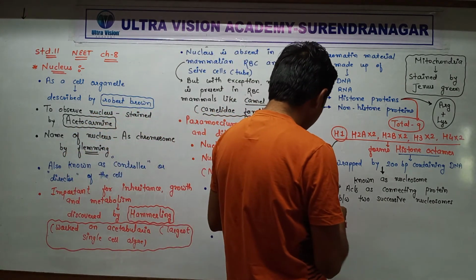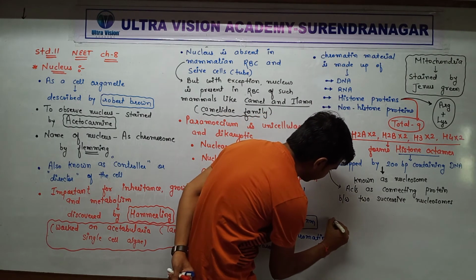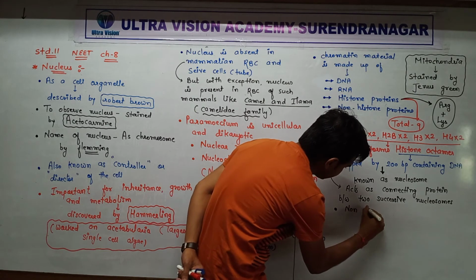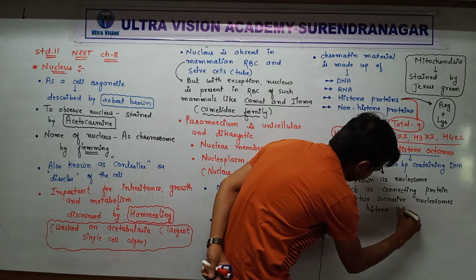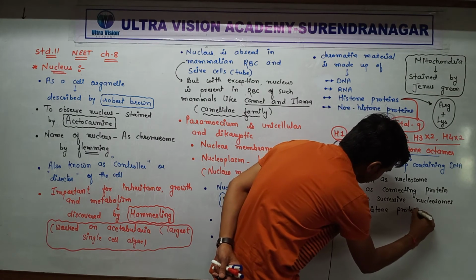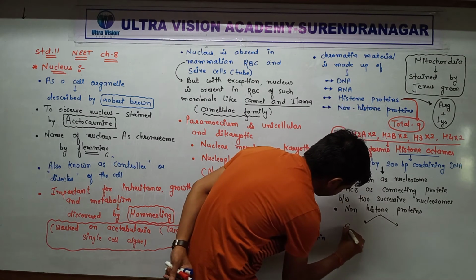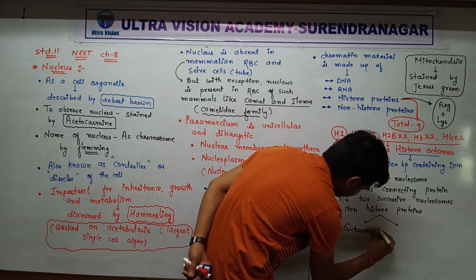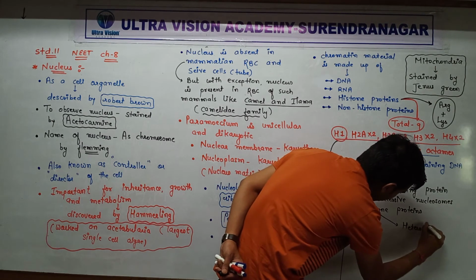Non-histone proteins are of two types, euchromatin and heterochromatin.